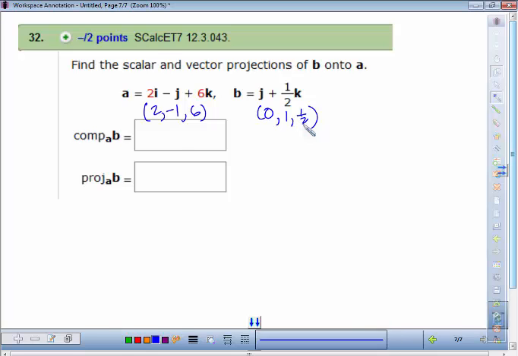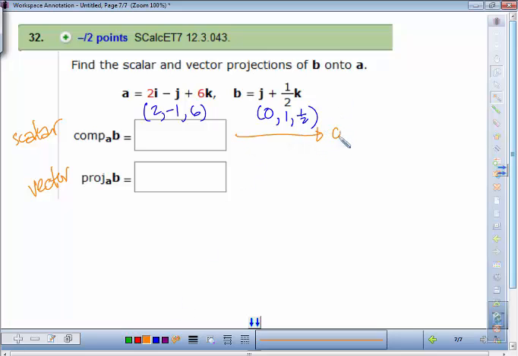So this is a scalar projection and this is a vector projection. All right, so for either formula, we're going to need the dot product of A and B. So why don't we write the formulas down?